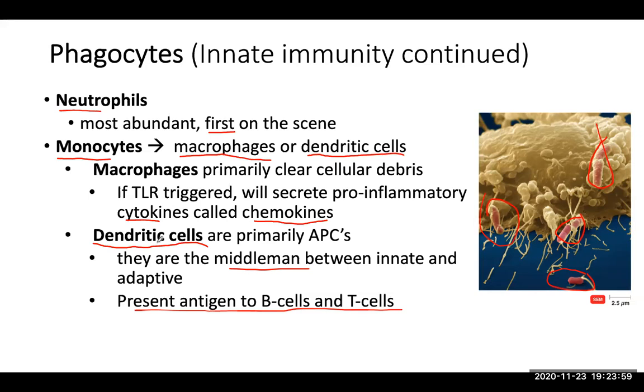They just know to display the antigens of that pathogen and go find a B or T cell and present it. And of course, if it presents to a B cell, then you're going to get antibodies. If it presents to a T cell, you can get cell-mediated immunity, such as cytotoxic T cells, or a helper T cell to help the B cells make antibodies. Okay.